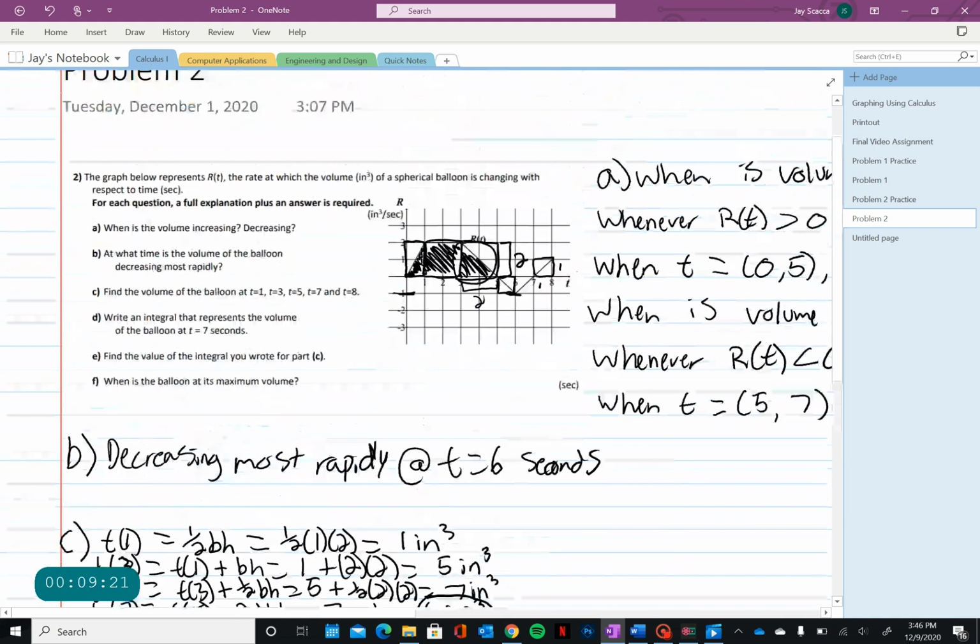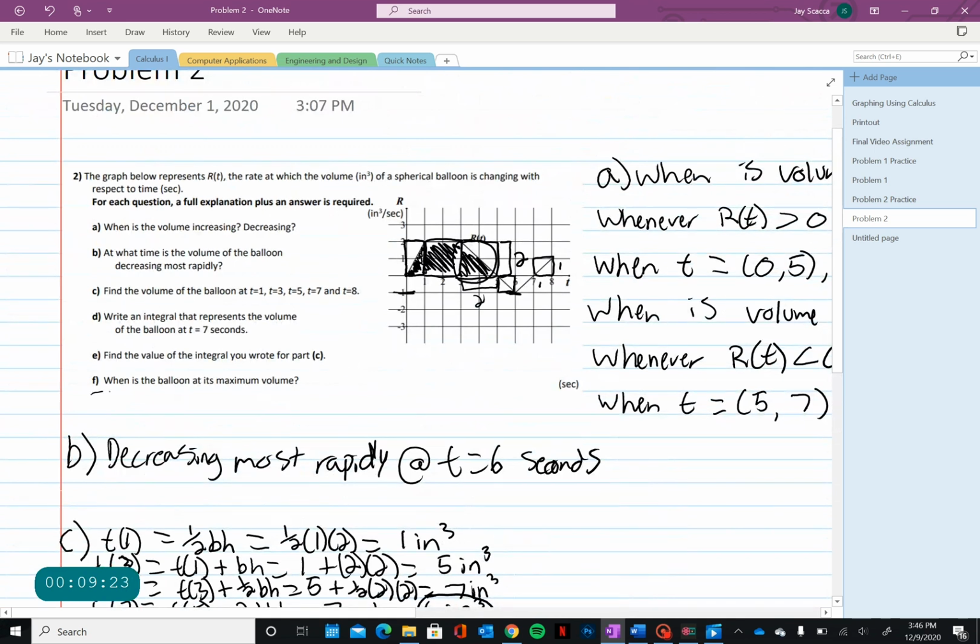And then F. When is the balloon at its maximum volume? Let me get rid of all this. So we know that the balloon is at its maximum volume when it's done increasing over here. So that would be at 5.